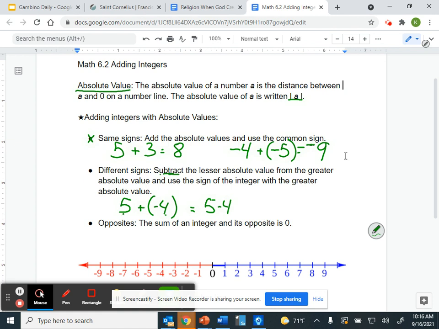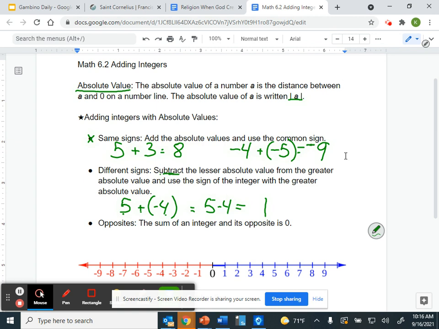We're taking the bigger number and subtracting out the smaller, and we get 1. And then we want it to be the sign of the larger number, so that 5 is a positive number. So our answer would be a positive 1. It says to add, but because they're different signs, you actually subtract.